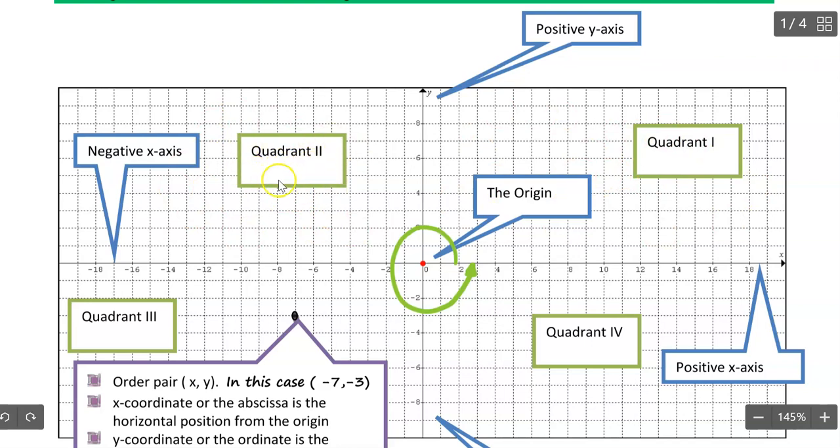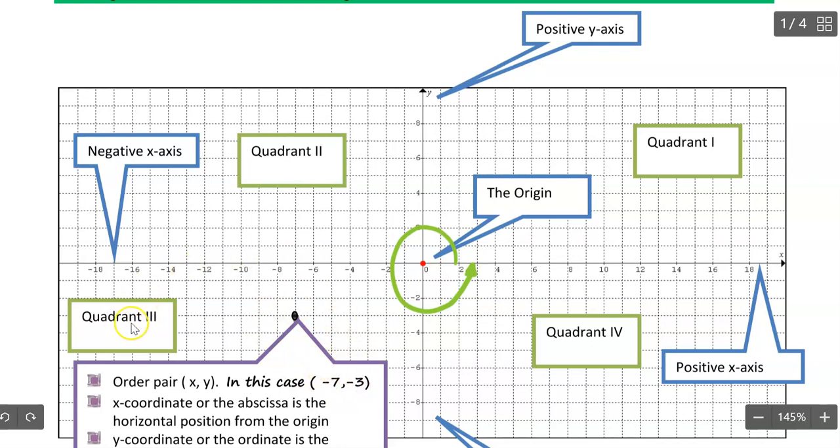Those numbers come in pairs. They call it the ordered pair. The ordered pair consists of the x and the y. In this case, the point that I'm showing to everyone here is -7 and -3. I will show everyone how to read this coordinate in a minute, but let me introduce the rest of the quadrants.